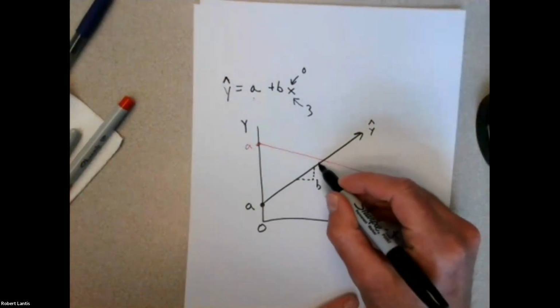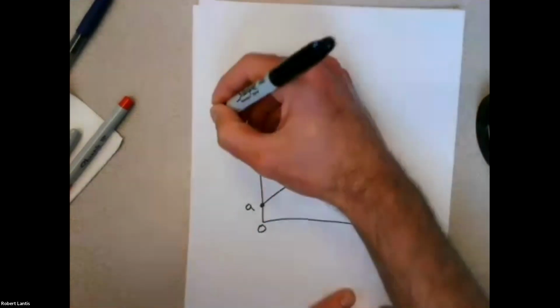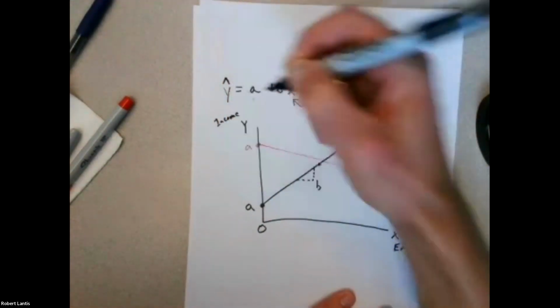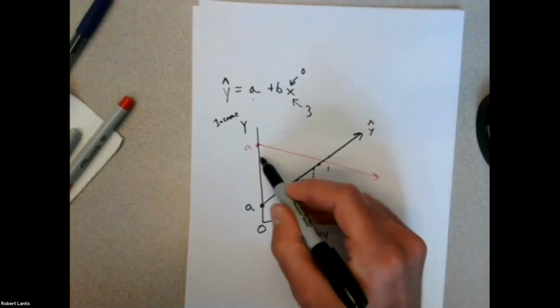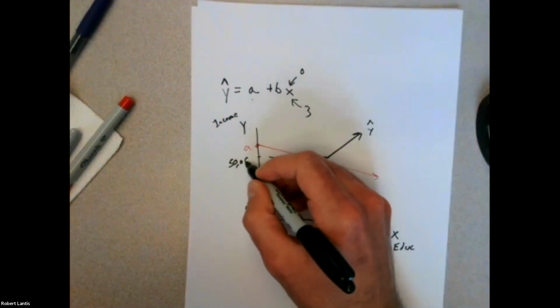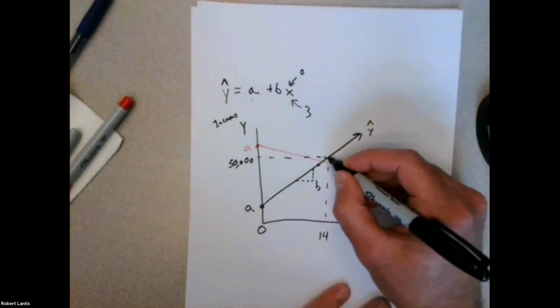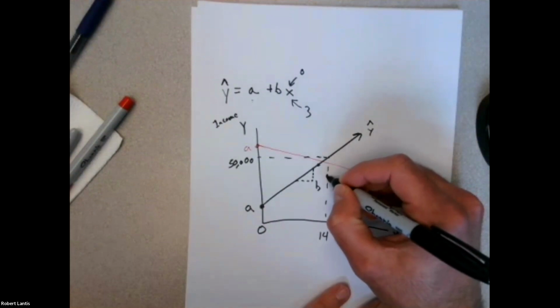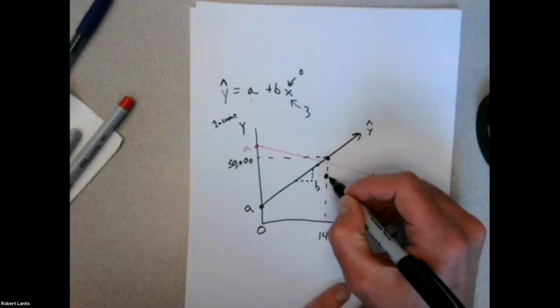However, just because I see someone, for example, let's say this was years of education and this was income. For some people, if they've got 14 years of education, I would predict their income is, just do 50,000 to make it easy. Well, yeah, but there could be the actual person in the data who has 14 years of education and they don't quite make 50,000, right? So our prediction is going to be a little bit off.